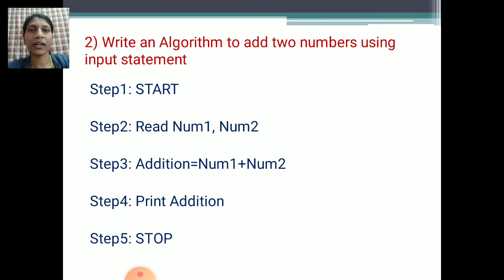If you want to calculate the addition of two numbers, we require two numbers, number 1 and number 2. So read the inputs; we are using here inputs number 1 and number 2. Whatever inputs you are using in your program, declare in step 2: read num1, num2.